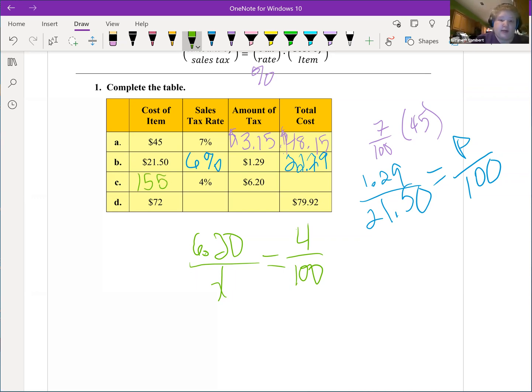So this particular item cost $155, and we're going to add $6.20, and we get $161.20.